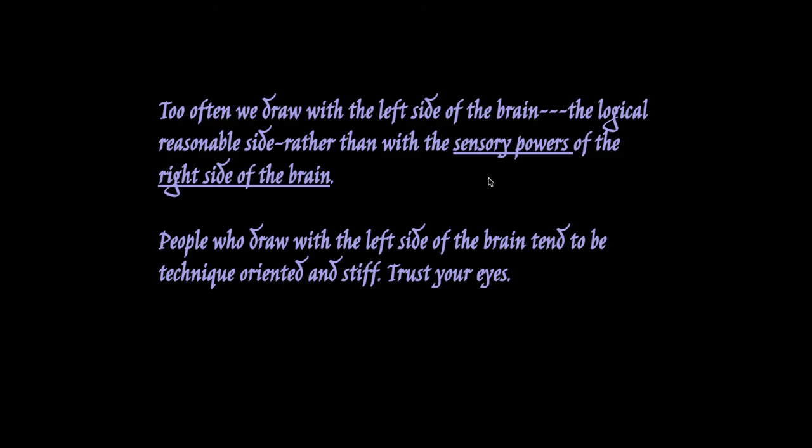Your right side is more the creative side. Artists typically are going to be very right brain dominant, whereas someone like an accountant or a lawyer is going to be very left brain dominant, if that makes sense. So people who draw with the left side of their brain tend to be technique oriented and stiff.